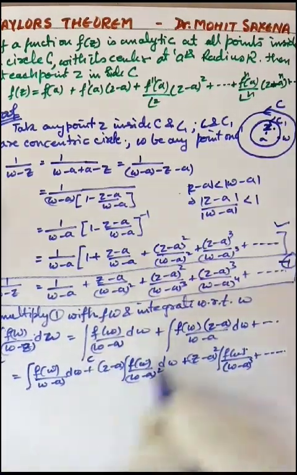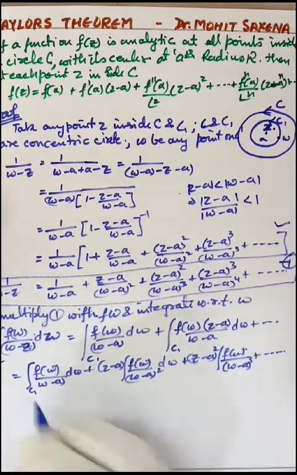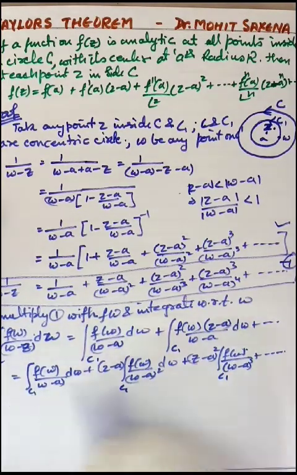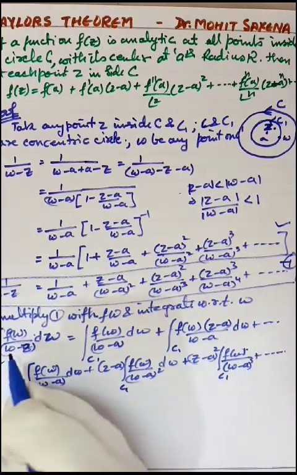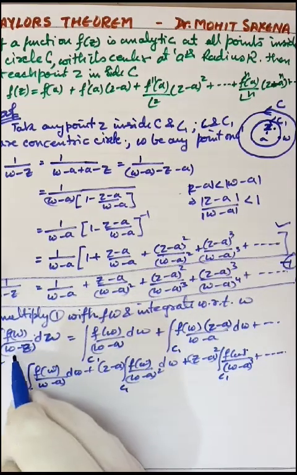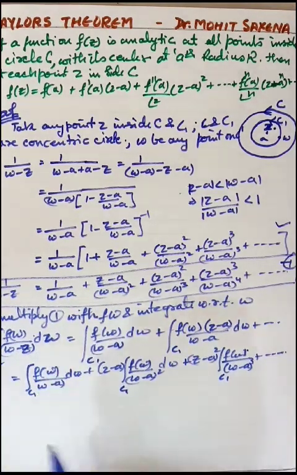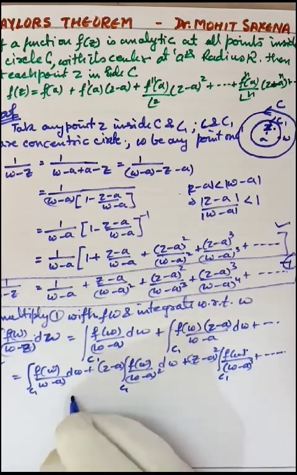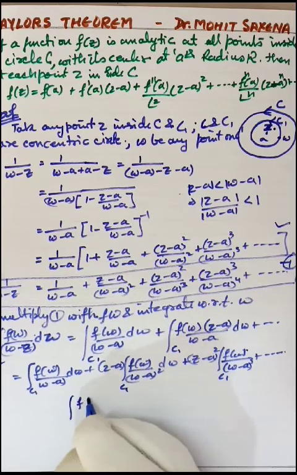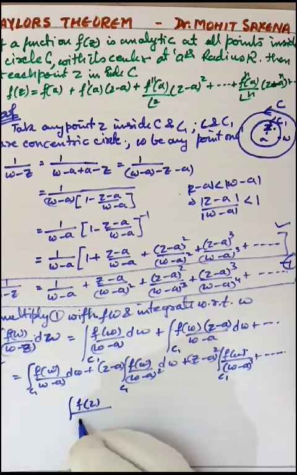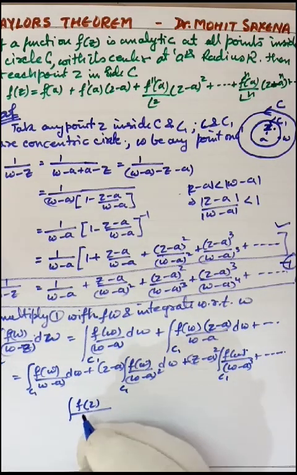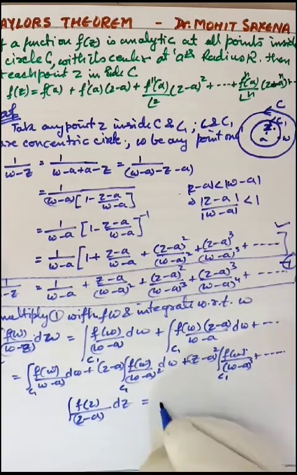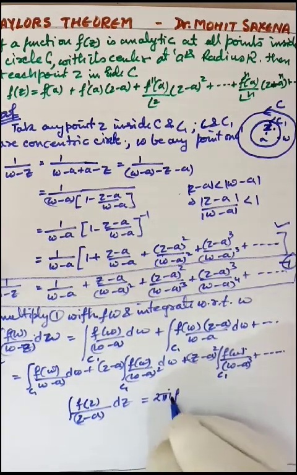So the limit would be C1 for each, and the left hand side of this particular expansion equals integral f(w) upon (w minus z) dw. Now by Cauchy integral formula, we know that integral f(z) upon (z minus a) dz equals 2 pi i times f(a).